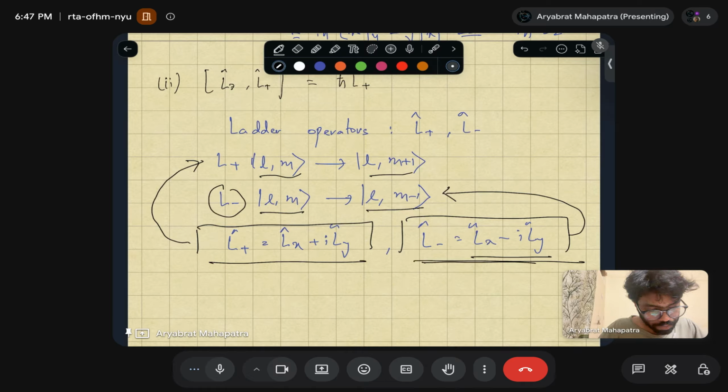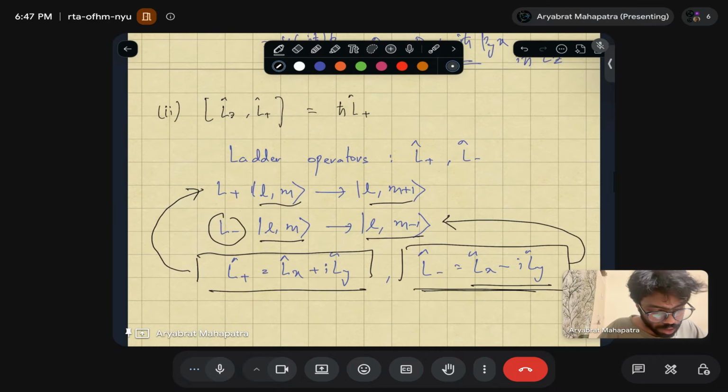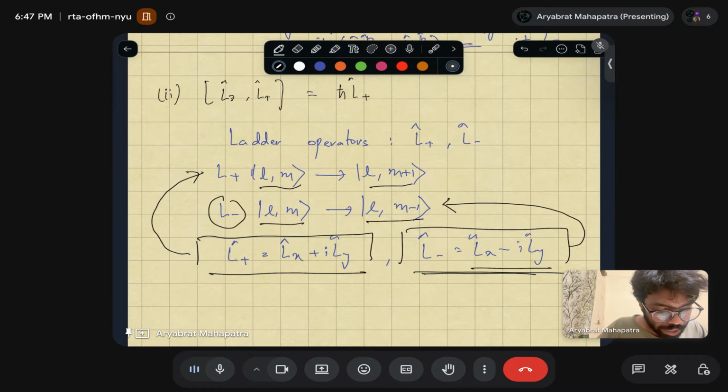This is how ladder operators are given in the context of orbital angular momentum.